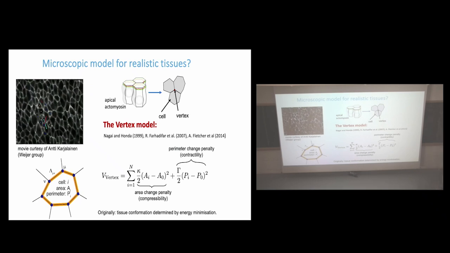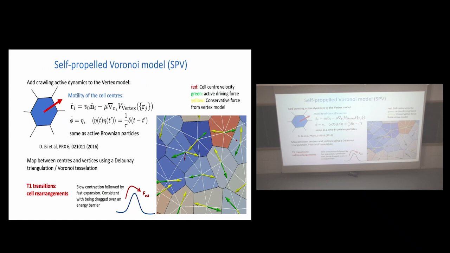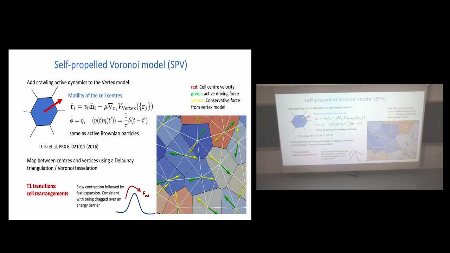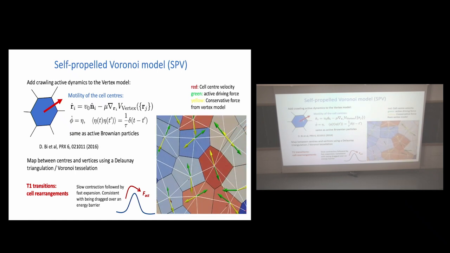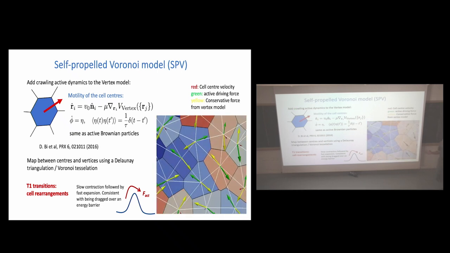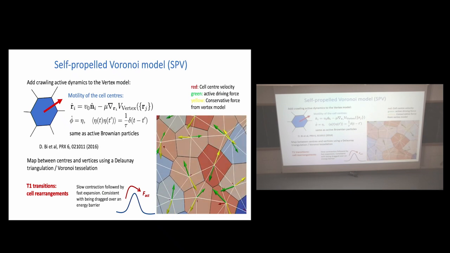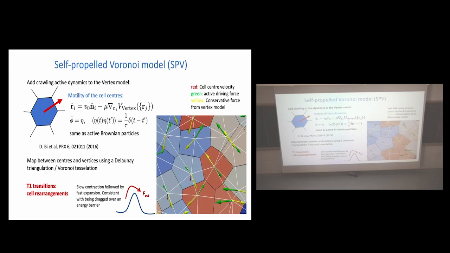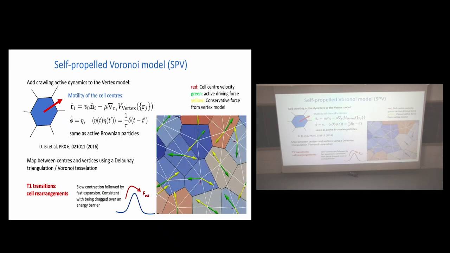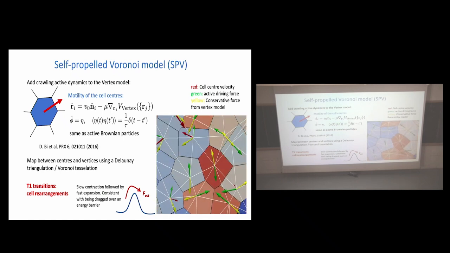The simplest way to make this active, consistent with what I told you about crawling, is to say, let me close my eyes and still take my cell to be a polygon driven at the center, and let me just put my motility at the center and then say, okay, let me drive this just like active Brownian particles, but with interactions which are the gradients of the vertex model potential, which are much more complicated, but essentially active Brownian driving with self-propulsion and rotational diffusion of the angle, but with the gradients of the vertex model.